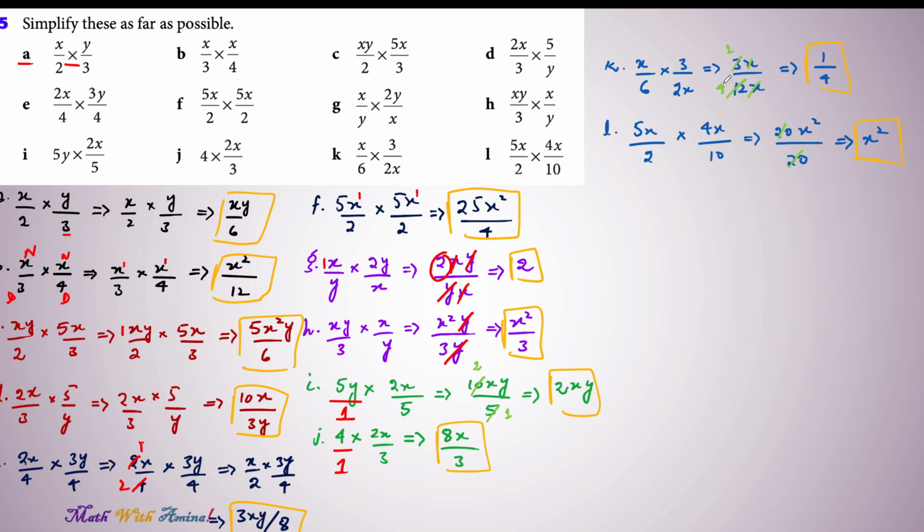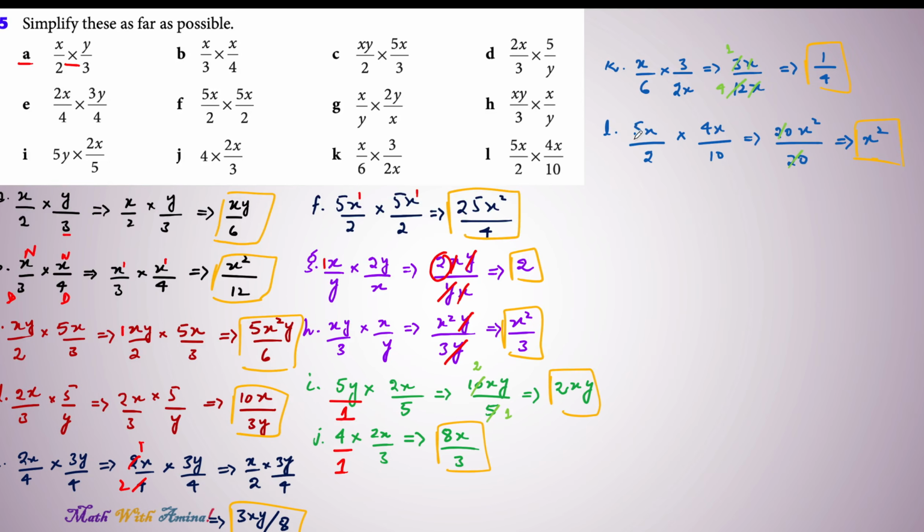We look for the common factor, which is 3, so they get further simplified, and x also gets cancelled because it's mentioned once in the denominator and once in the numerator, so they completely cancel one another. As a result, we are left with a fraction that is the answer for this expression, which is 1 over 4.